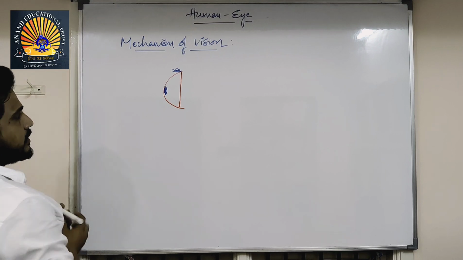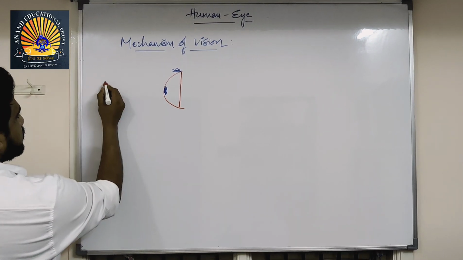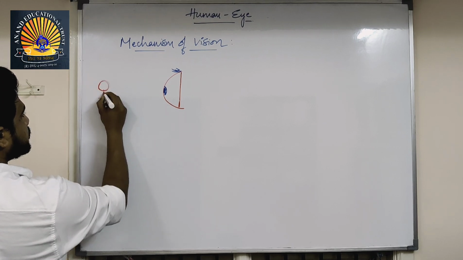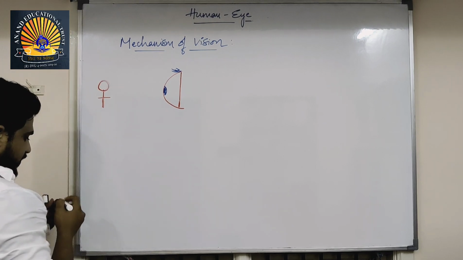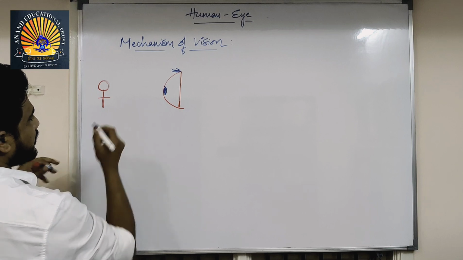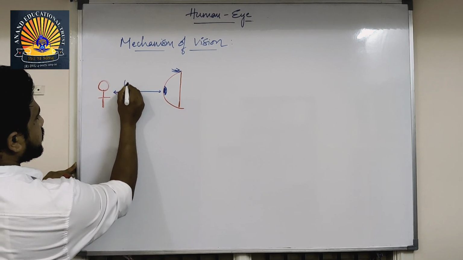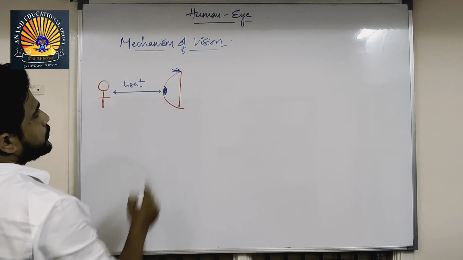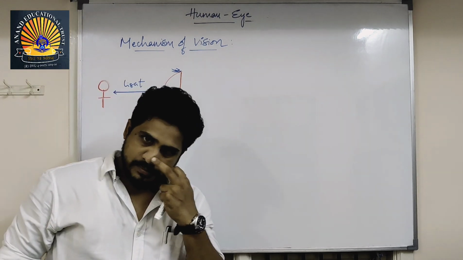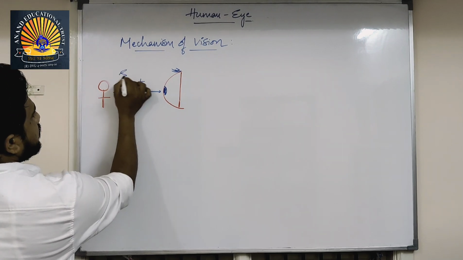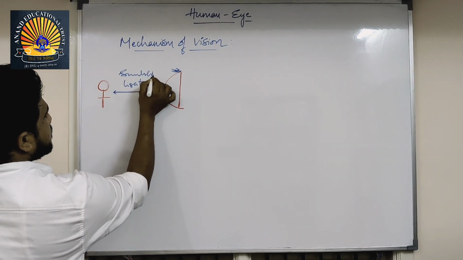This is the eye, and this is one object, maybe a person. Between the person and the eye, there should be light to perform the mechanism of vision. The light, definitely, there is no doubt, is sunlight.